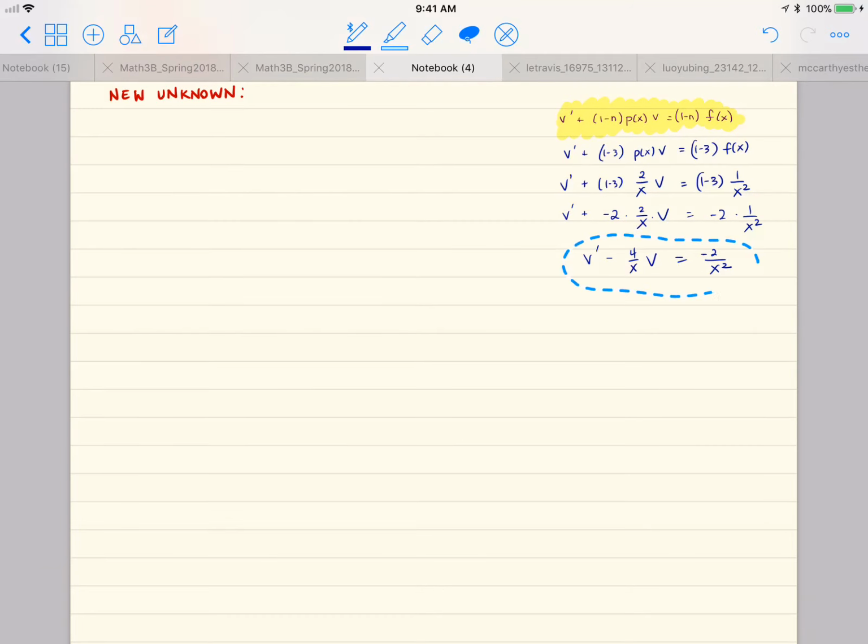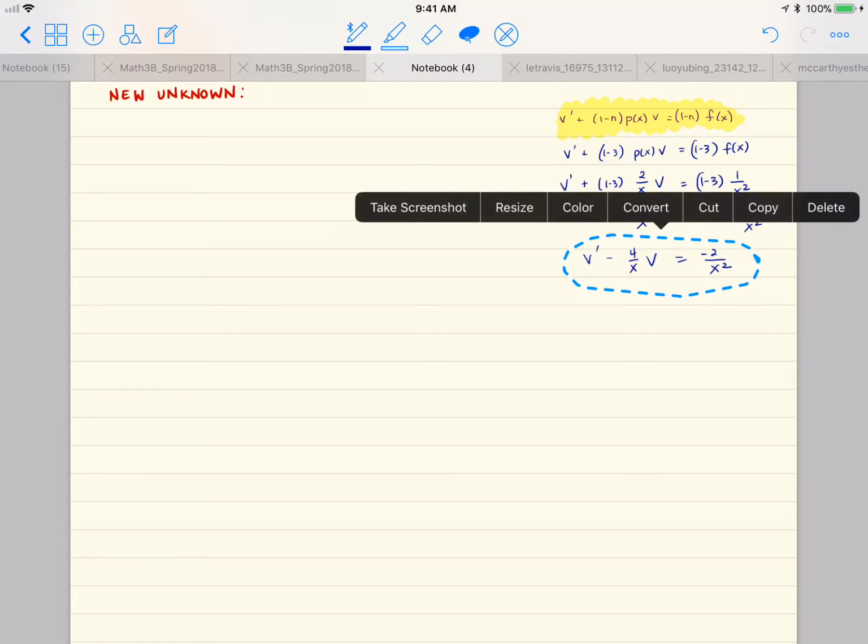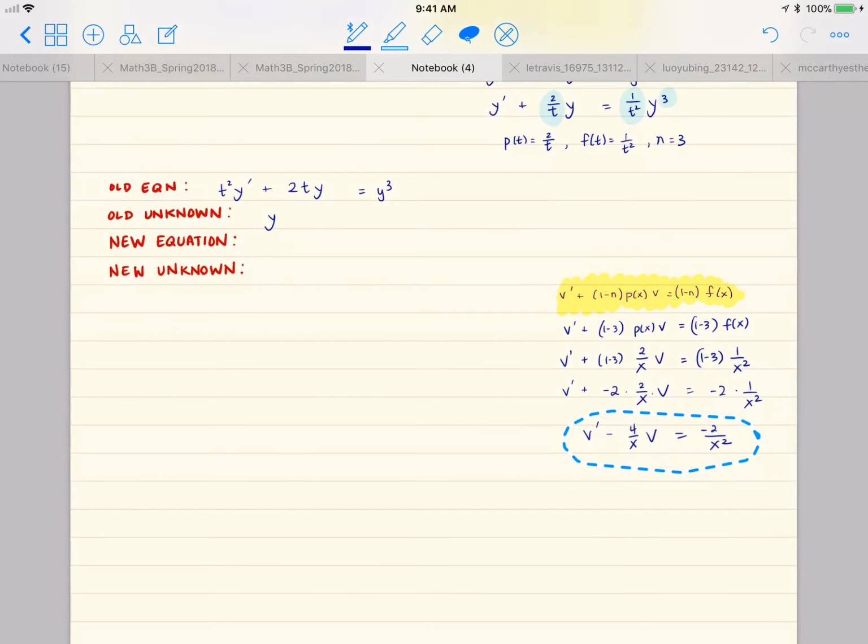V prime minus 4 over x v equals negative 2 over x squared. So notice that my new equation is linear, first order, so I know exactly how I'm going to solve it. My new unknown is v, so I'm going to solve for v.